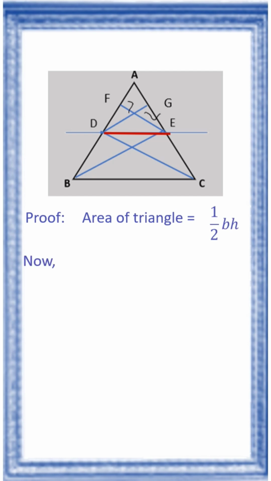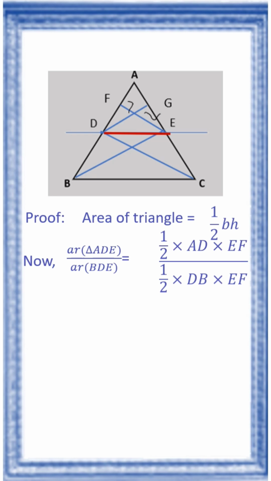Now the ratio of area of triangle ADE upon area of triangle BDE is equal to half into AD into EF upon half into BD into EF. Half and half in numerator and denominator get cancelled. EF in numerator and denominator get cancelled. So area of triangle ADE upon area of triangle BDE is equal to AD upon DB.